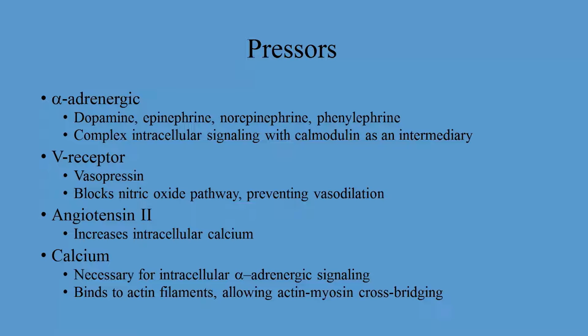And then my favorite cation, calcium, as mentioned before, it's necessary for the intracellular alpha adrenergic signaling, and it binds to the troponin in the actin filaments that allows the actin-myosin cross-bridging that leads to smooth muscle contraction.